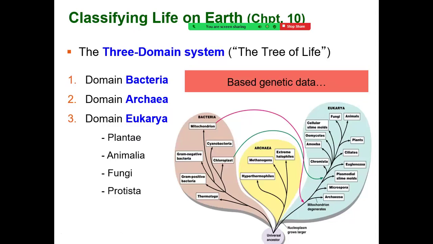The point is, scientists cannot agree on the total number of kingdoms. Different scientists use a different number of kingdom system, and there is no classification of a kingdom, meaning there is no definition for what a kingdom is. And that's why there's disagreements as to what a kingdom is and which organism belongs in which kingdom.